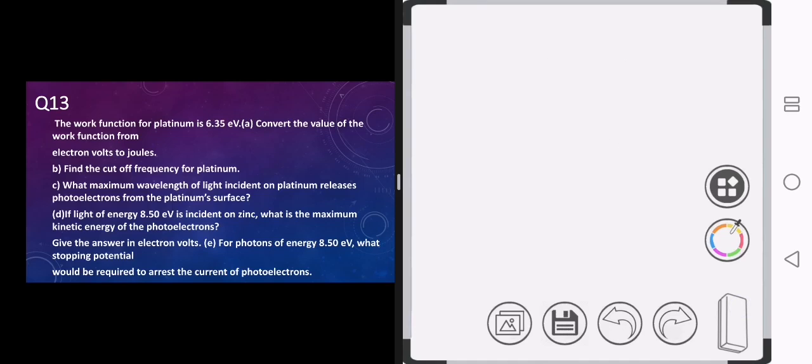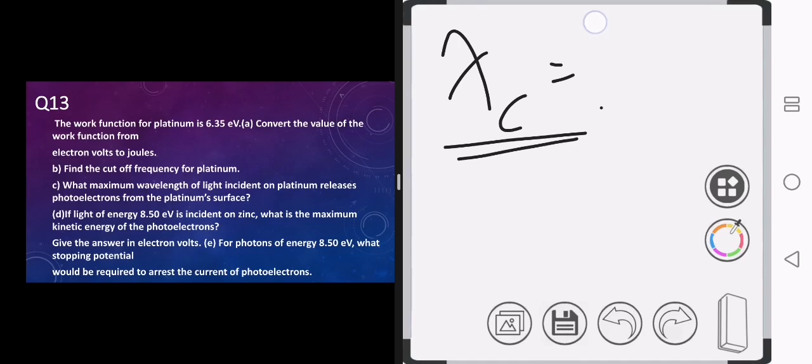What maximum wavelength of light incident on platinum releases photoelectrons? The maximum wavelength we will get from our cut-off frequency. We need to use the equation that has lambda.